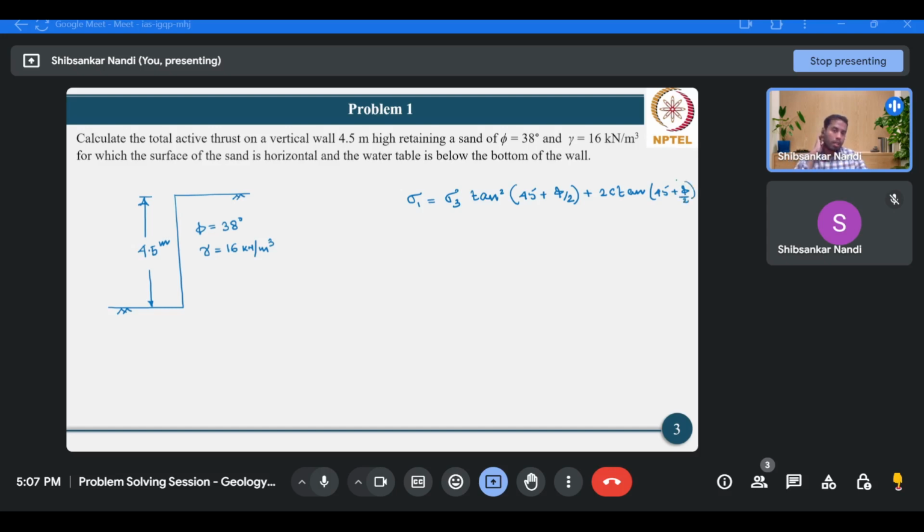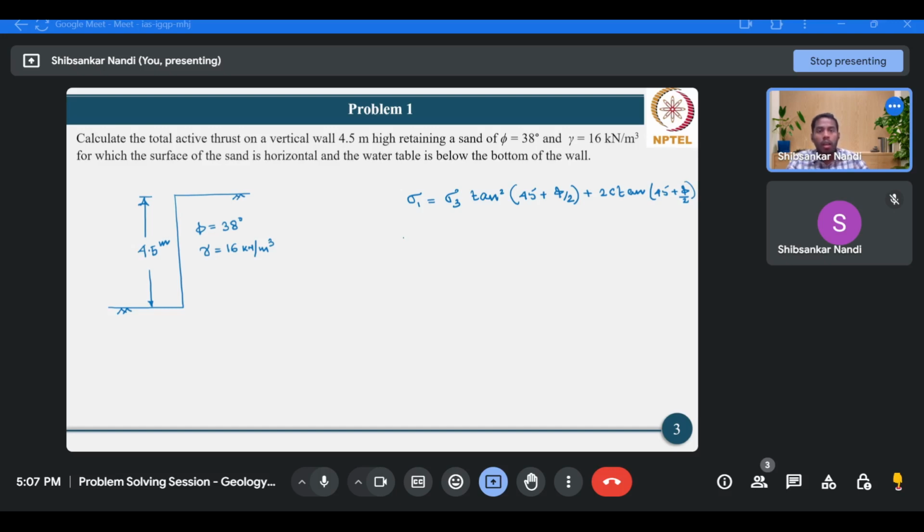This is the relationship between the major and minor principal stresses on the verge of failure, and here this phi and c are nothing but the shear strength properties of the soil medium.